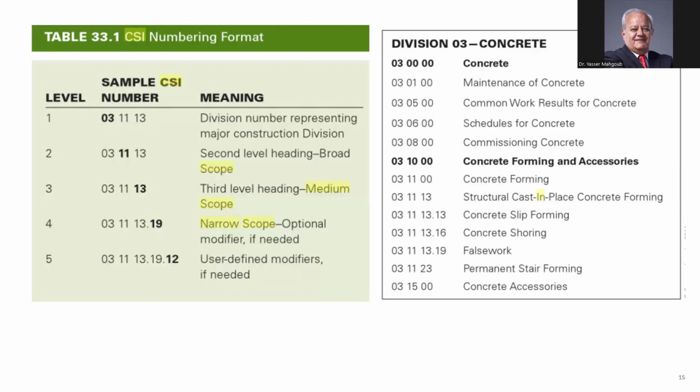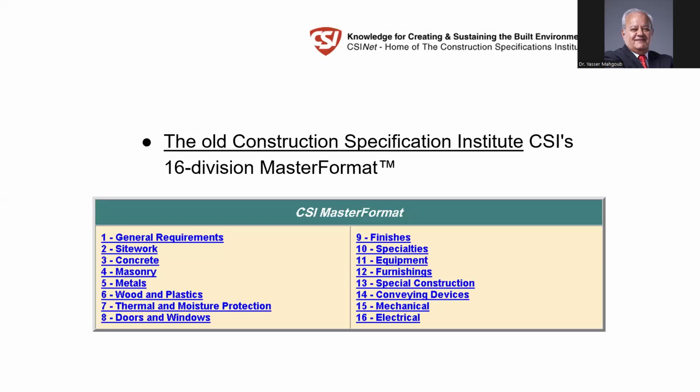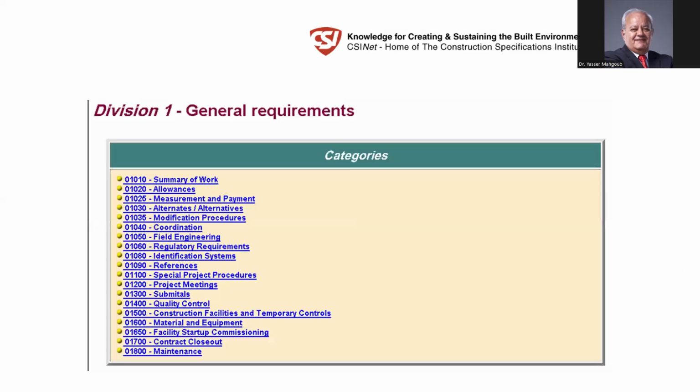You have to place it in a specific location. You cannot write it anywhere. So this organization is extremely important in the CSI format. This is the logo of the CSI, and this is the old format. It was only 16 divisions. The type of work was simple and it was enough.